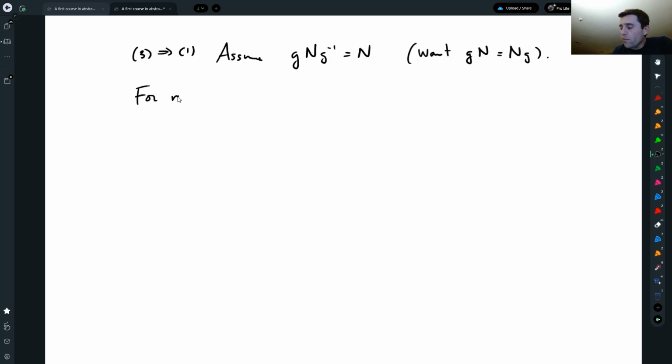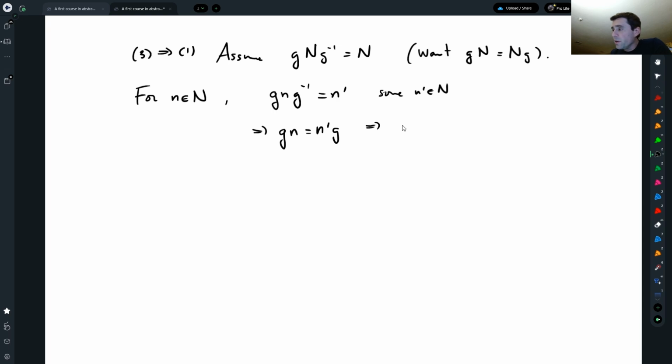First, for any n in N, we have that gng inverse is in N, so it's equal to some n' for some n' in N, and that implies that gn is the same as n' g, and what that tells me is that gN, because little n was arbitrary, is always contained in Ng. And now similarly, I can go in the other direction.